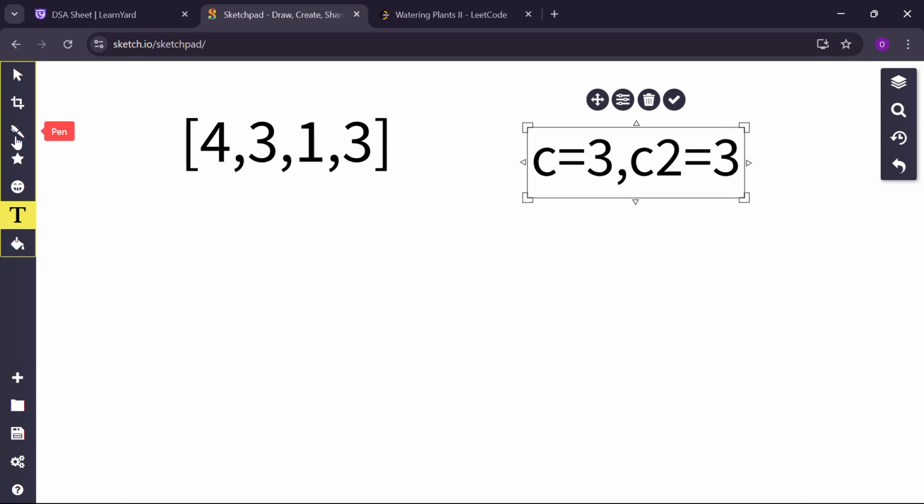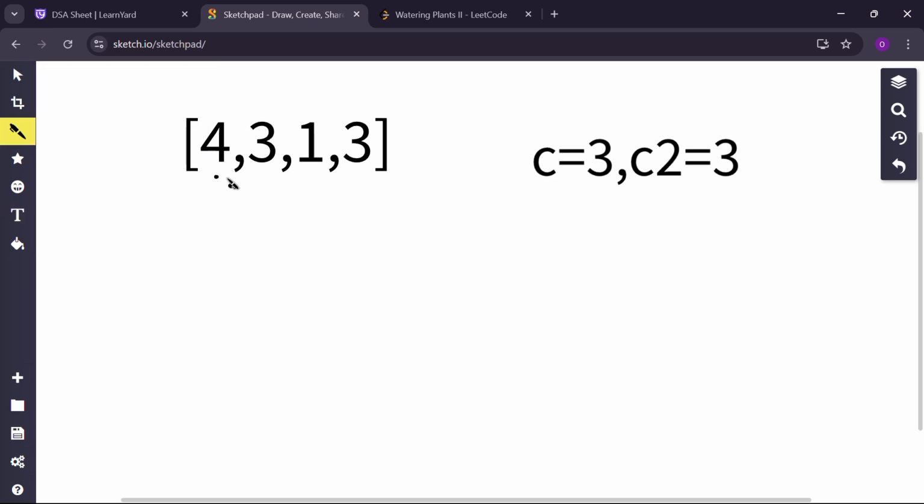Now for the first case, if the capacity is 3 but the plant needs 4. Okay, sorry, my mistake. Let's call this 2 only. In that case we will water this plant, so we have a capacity of 1. We refill the tank.